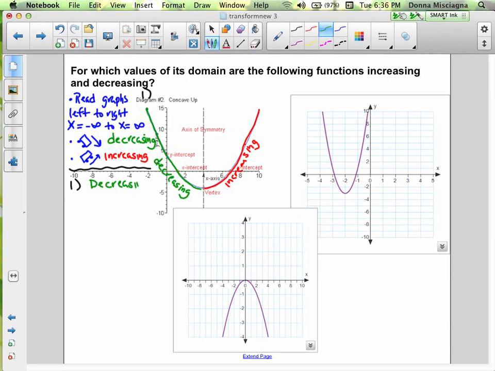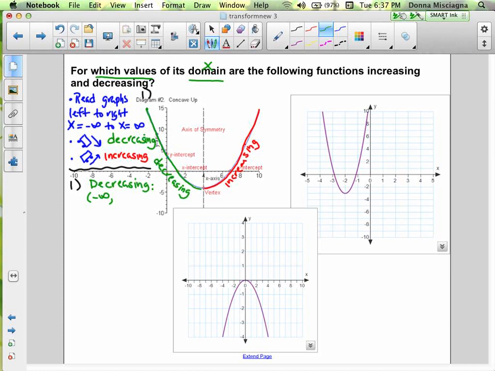And for all of them, I'll just start with decreasing. The graph is decreasing from negative infinity, and remember, it's the x. So when we're looking at which values, it's always domain, and domain is x. If we're looking at range, and we're only going to be looking at range if we're identifying the range, or the lowest value or the highest value, then we're looking at y, but here we're looking at the x.